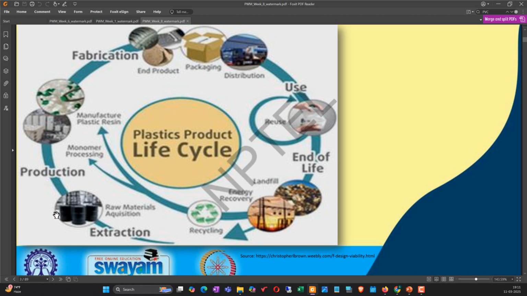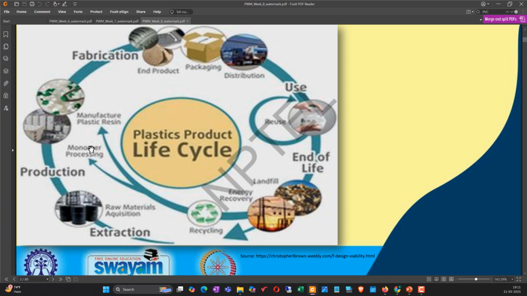So how from production to fabrication to use to end of life, and then the recycling process, where recycling happens to manufacture plastic resins, and then for monomer processing, if you can convert or recycle that to the initial specialty chemicals.